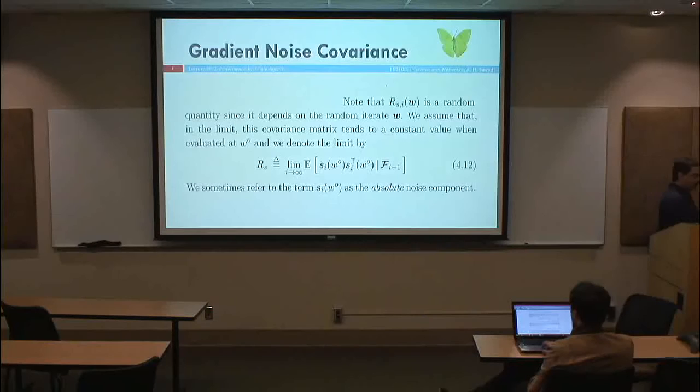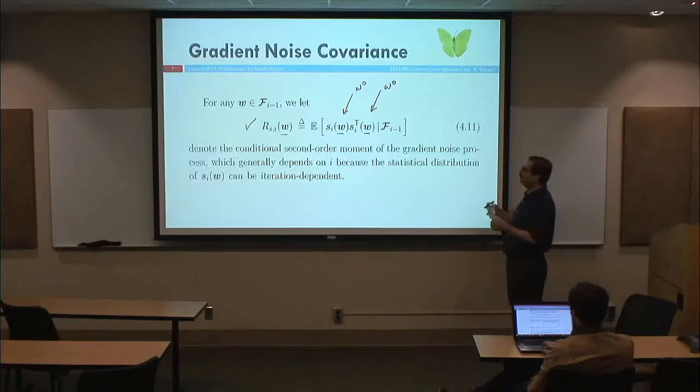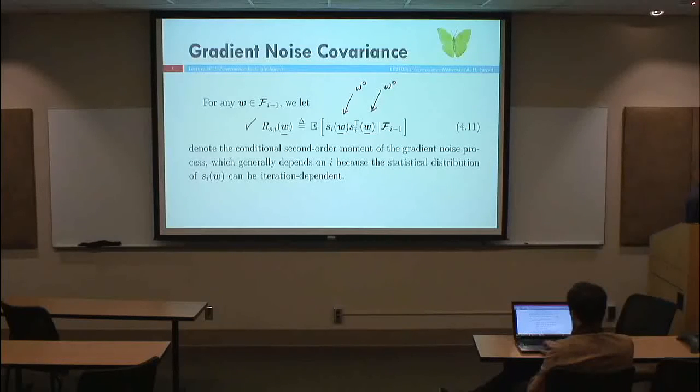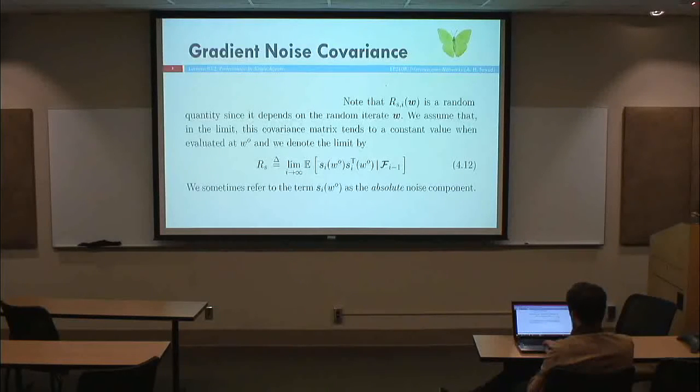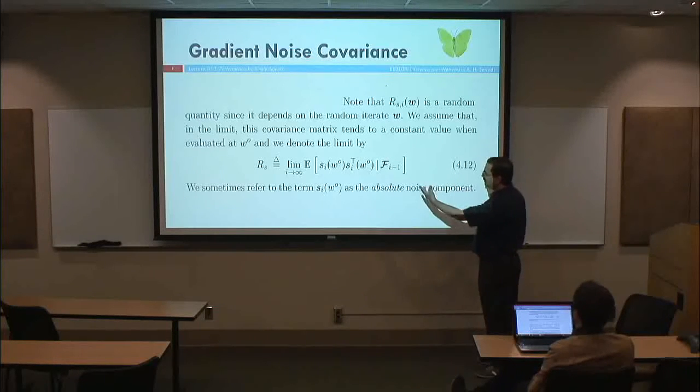Okay, so these are just 2 definitions that I am reminding you of. The first is the covariance matrix defined broadly, and the second one is when you evaluate it at the optimal solution and let i go to infinity. That's essentially telling you the amount of noise covariance that is retained in the limit.